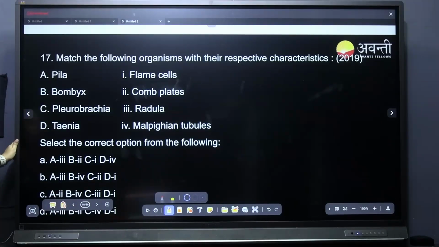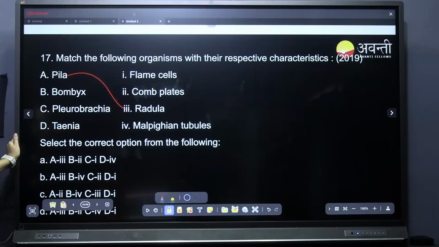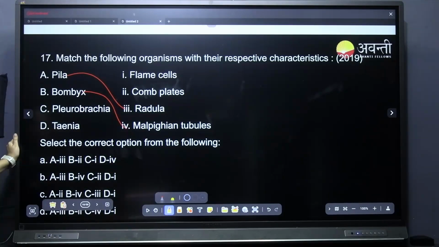Match the following organism with respective characteristics. Pila is a mollusk. It has radula. Bombyx is a silkworm. It's an arthropod which has Malpighian tubules.